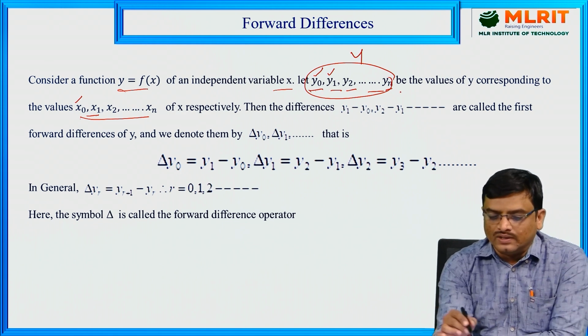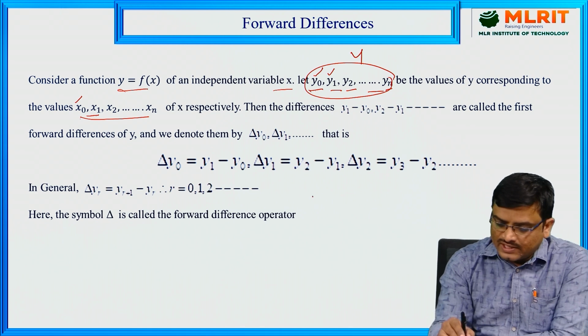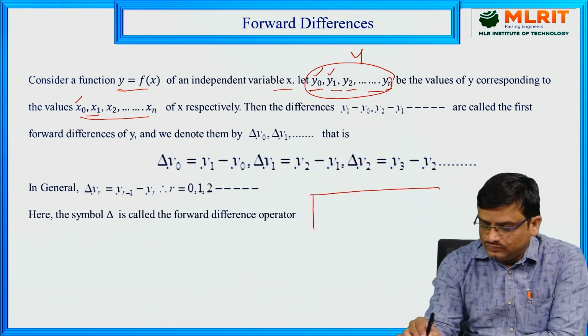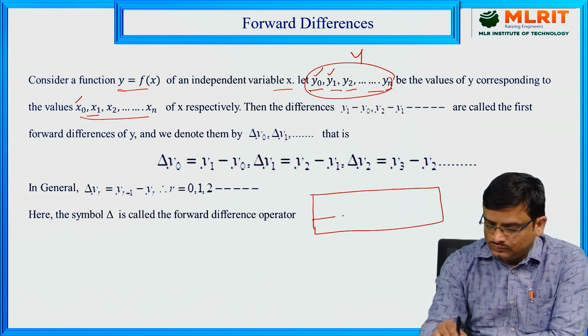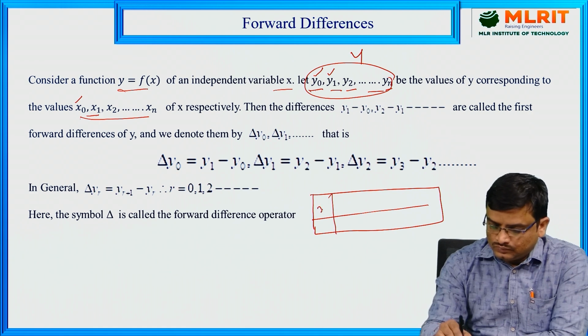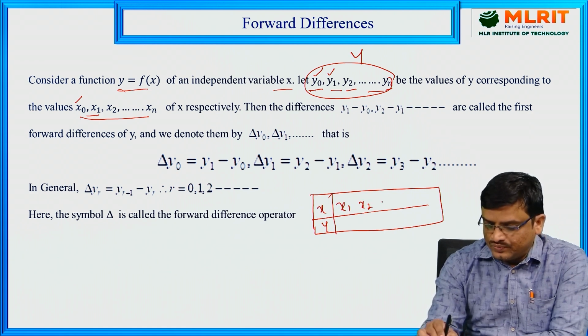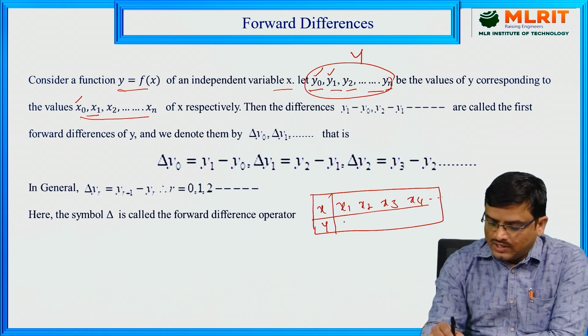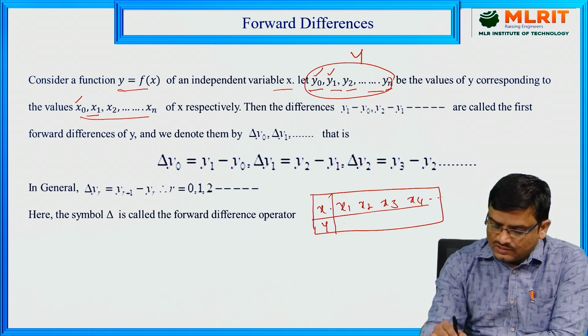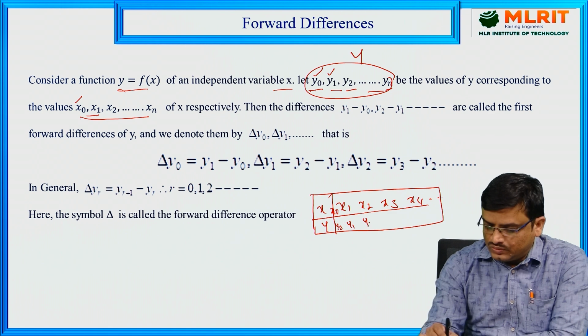Now if you construct a table, the x values are x0, the initial value, then x1, x2, x3, x4 and so on, and the corresponding y values are y0, y1, y2, y3, y4 and so on.